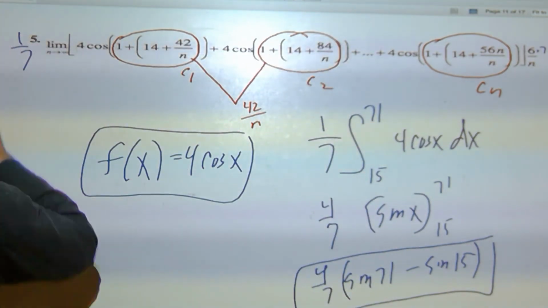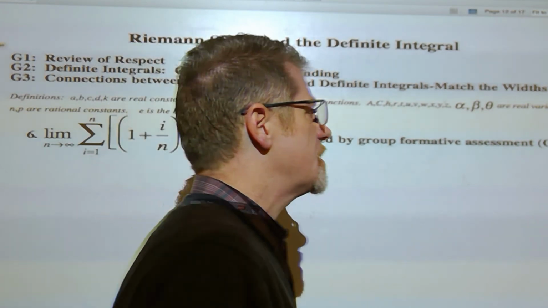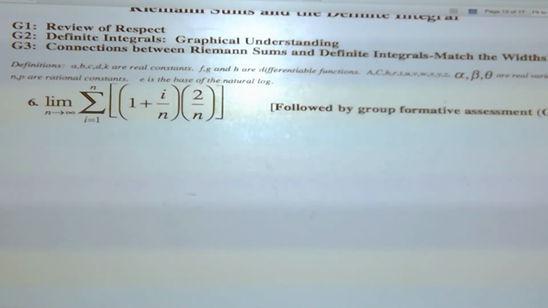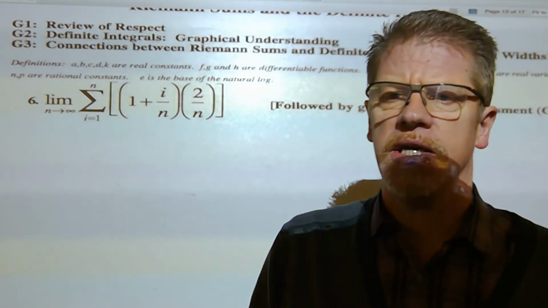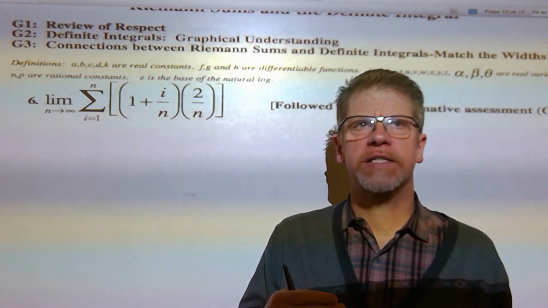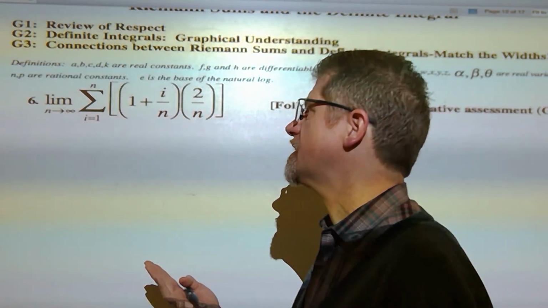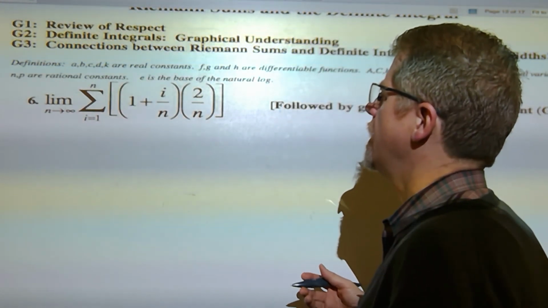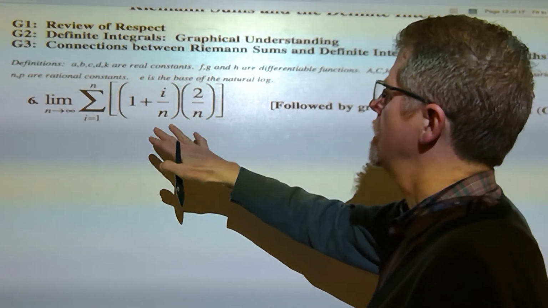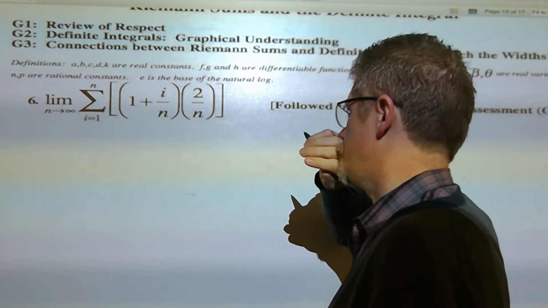Okay, let's go on to the next page here. In this one, the only difference between this and what we've done previously is that the limit of the Riemann sum is in sigma form instead of in ellipsis form. So you can fix that by recognizing that this is length times width from 1 to infinity.